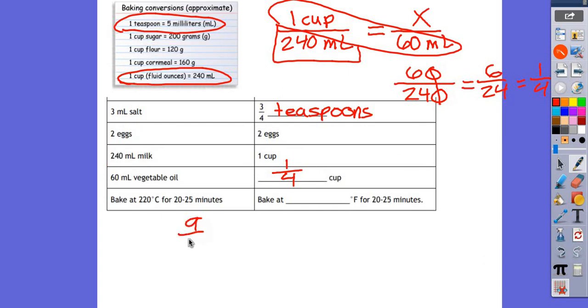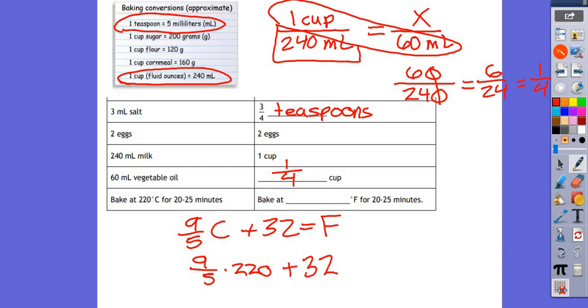So 9/5 C plus 32 gives me Fahrenheit. I need a piece of information to plug in. What can I plug in? 220. What letter do I plug in? Into C. So 9/5 times 220 plus 32.